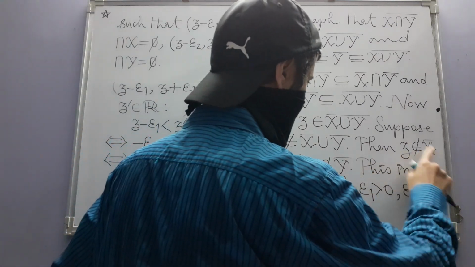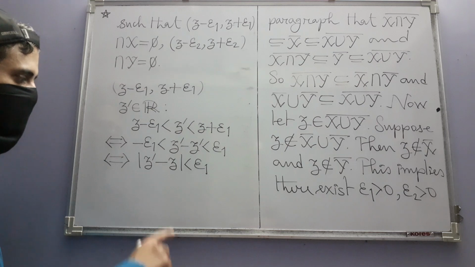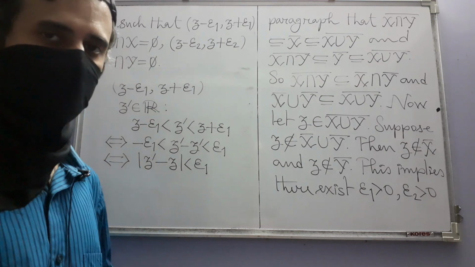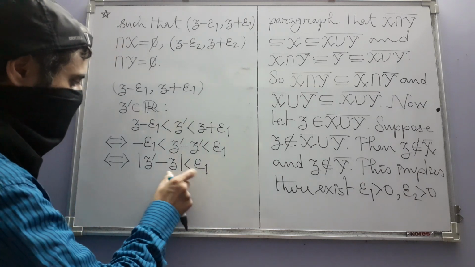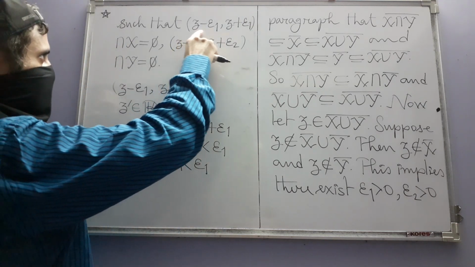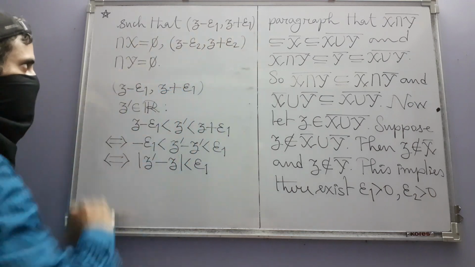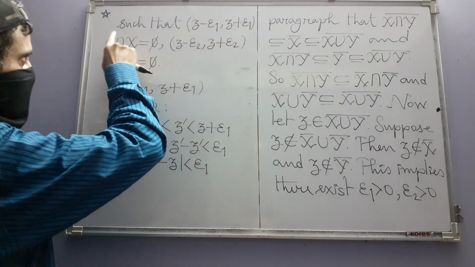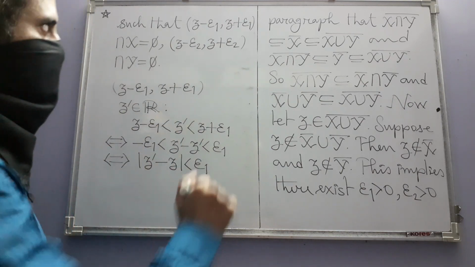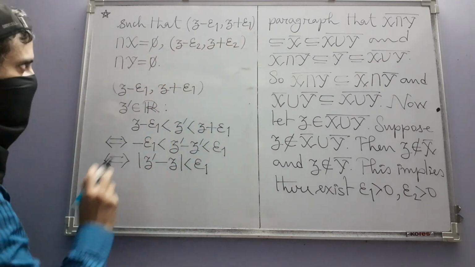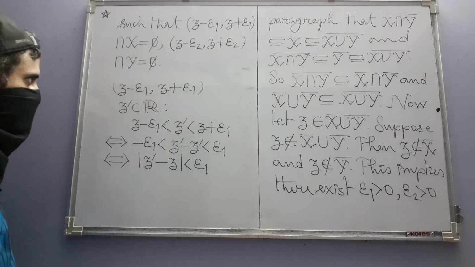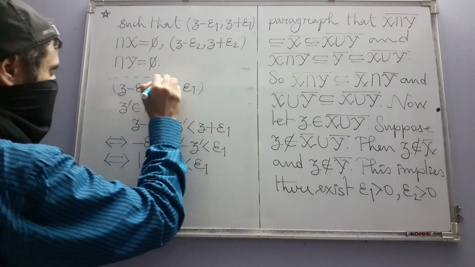So that's why z not being in X bar means we won't find any z prime in X that is epsilon 1 close to z, and that is equivalent to this interval being disjoint with X, because otherwise in that intersection you will find one such z prime. Okay, so that's why you are having these disjoint intervals with X and Y respectively. Let me just keep it like this.